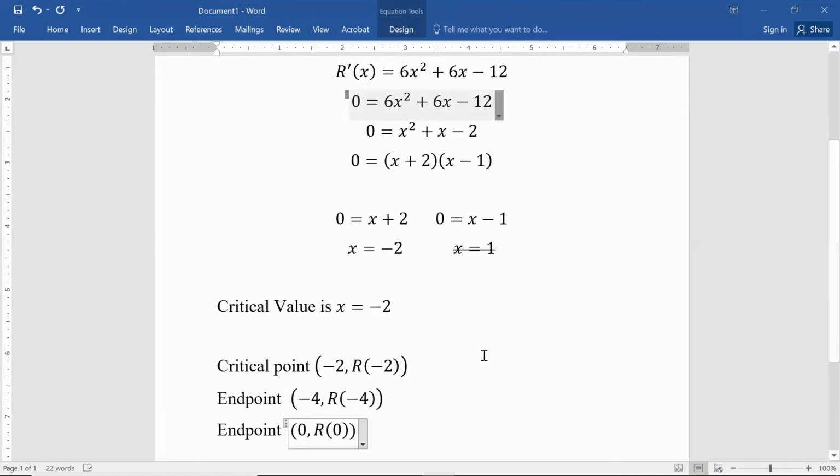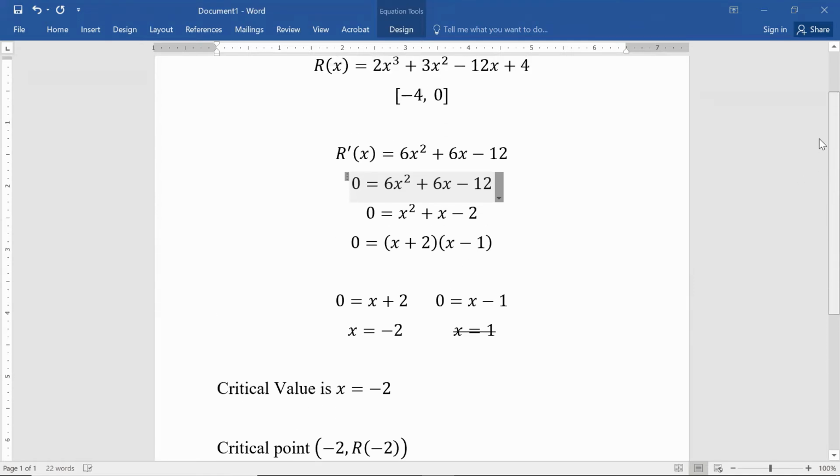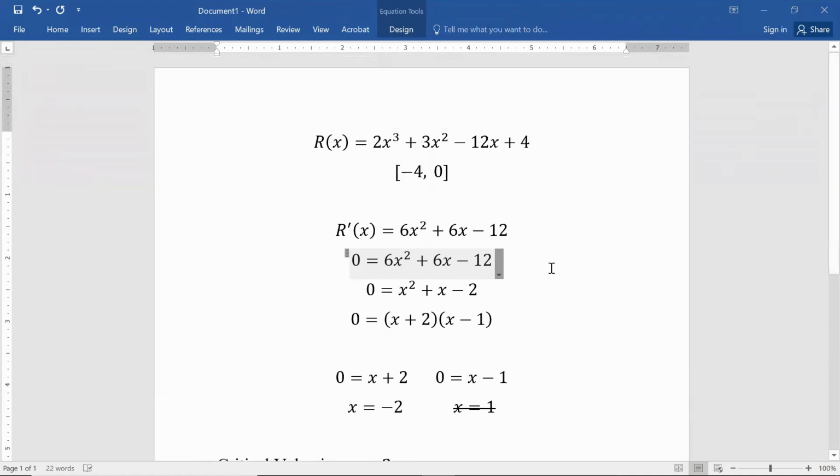Let's go ahead and do all of those. I'll do those fairly quickly here. Remember, when you're plugging these numbers in, whether it's -2, -4, or 0, you're plugging them into your original function, not the derivative. So plug them into this original function here.